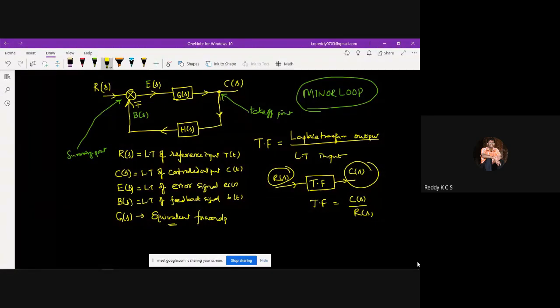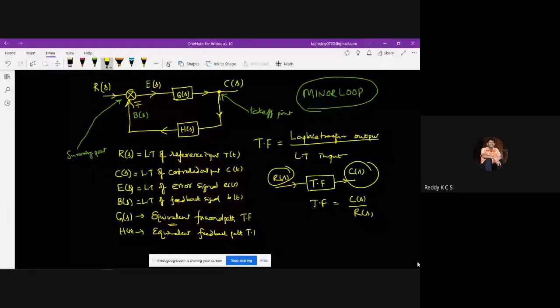What is meant by equivalent we will discuss when it comes to the block diagram reduction rules. Similarly, H of s is the equivalent feedback path transfer function. So first we should know what is meant by all these terms which I have used in this minor loop.